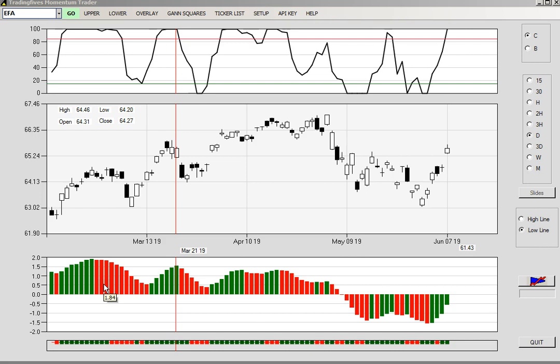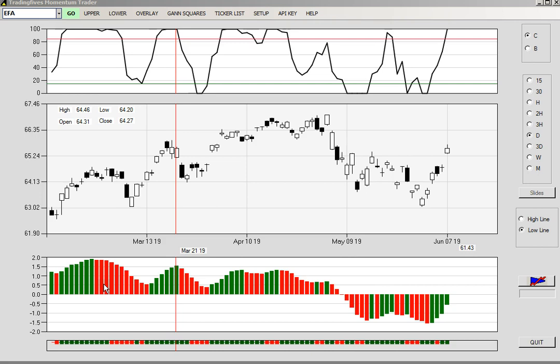We want to use the Awesome Oscillator conditions that get created as what I'll call take or pass conditions. It sets up an exact number that you can use to determine whether you want to take the trade or pass on the trade if indeed the next bar following the condition meets our criteria.